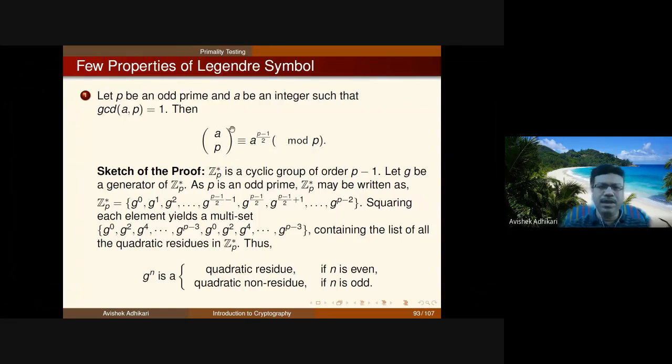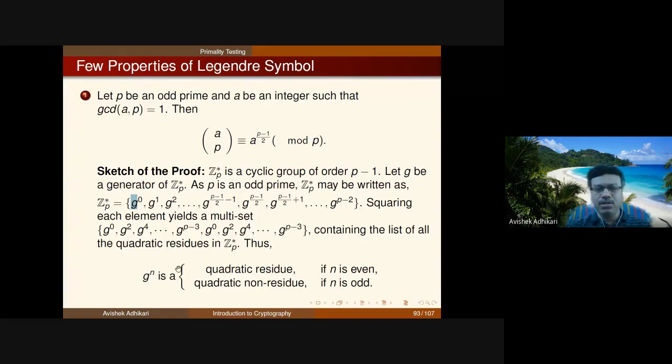In my last class, I already proved this by using the generator, because we know that if p is a prime, then Z_p star is a cyclic group. If this is a cyclic group, then there must exist some generator, and we can express every element of Z_p star in terms of the generator. Based on that, we can find these values of the Legendre symbol.